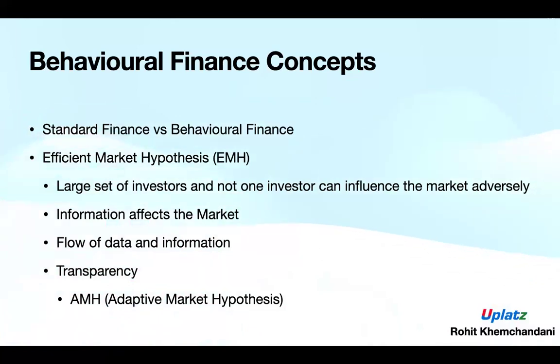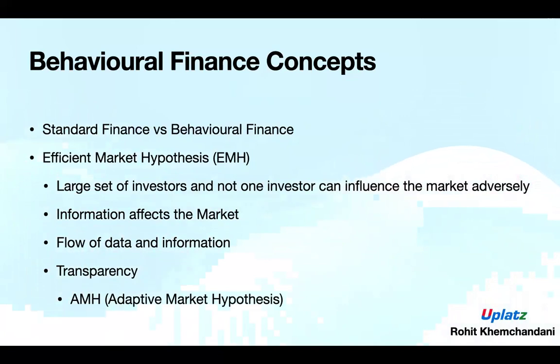There are people who take decisions based on emotions and herd instincts. Herd instinct means my neighbor is doing something, so I will also do the same thing. Or 10 or 20 different people are doing something, so I'll continue doing that thing. I won't apply my mind. I won't apply any technical or fundamental analysis or flow of information. I won't consider anything. I'll follow the herd instinct.